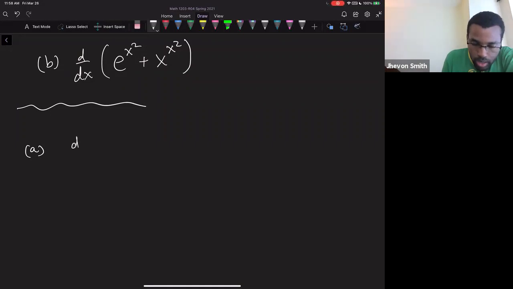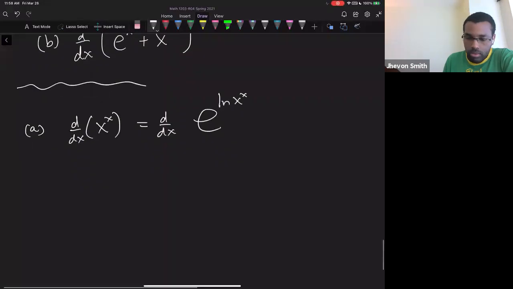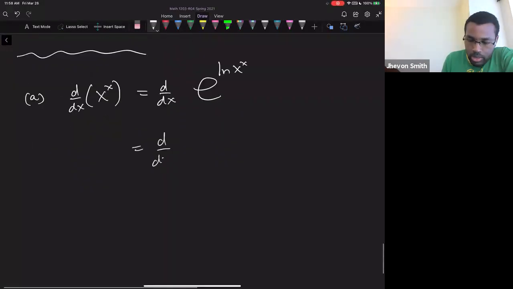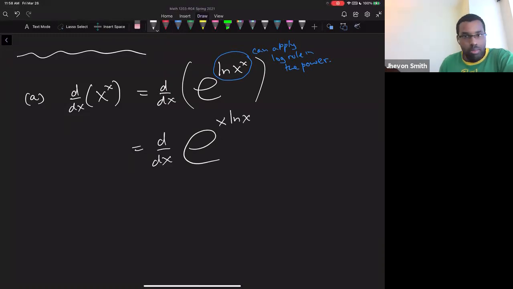So here, if you ask me d dx of x to the x, I don't need to go and set y equal to that. I just realize, oh, this is actually the same as you asking me e to the ln of x to the x. And so now what happens is that in the power, I get the log and the power, I can apply the log rule in the power, which means this guy simplifies to e to the x ln x, because I can move that x down.